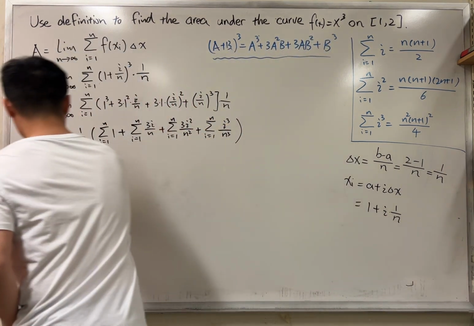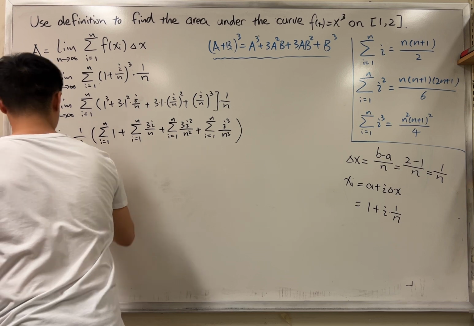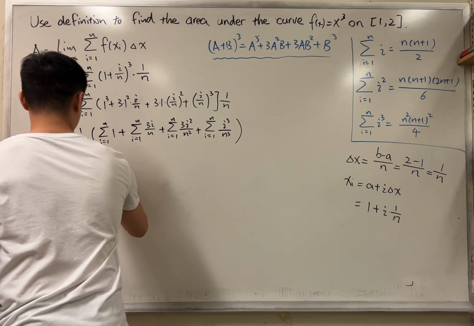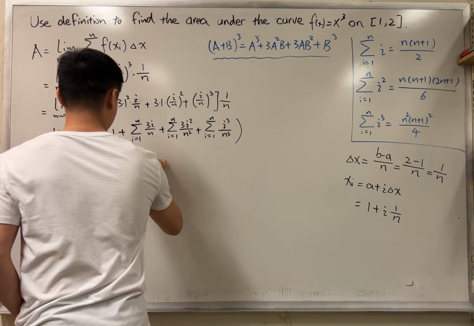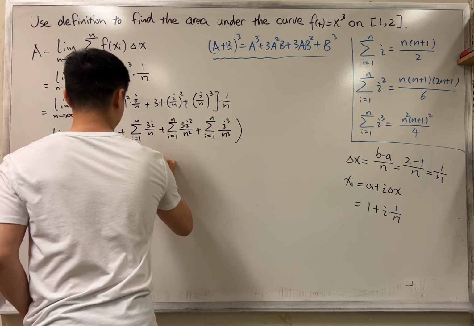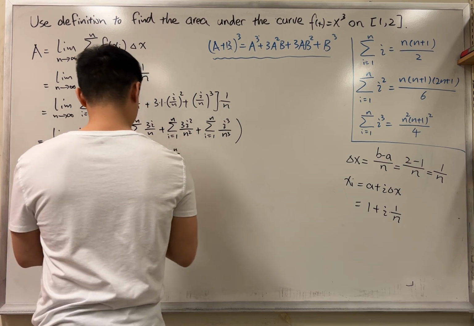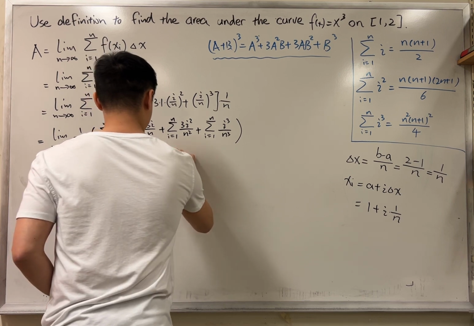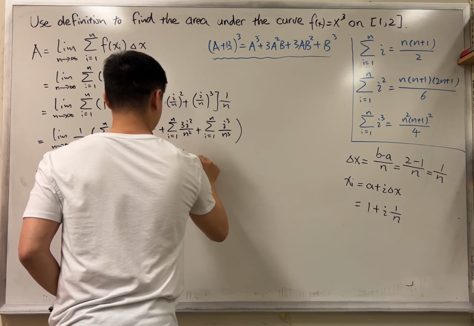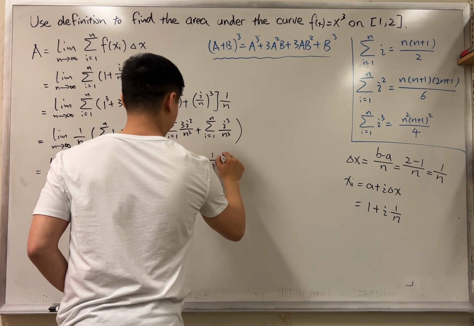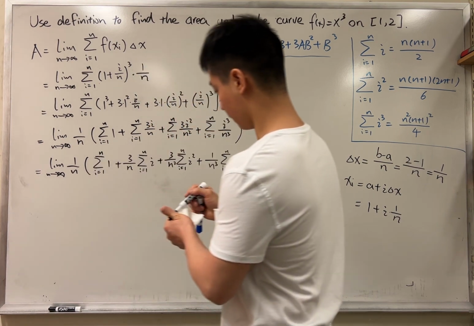By doing all this, we will have the limit of sigma from i equals 1 to n of 1, plus 3 divided by n times sigma of i, plus 3 divided by n squared times sigma of i squared, plus 1 over n cubed times sigma of i cubed. I'm doing all the factorization.